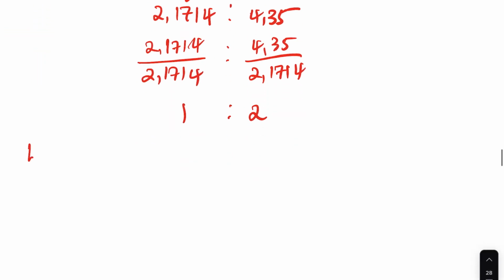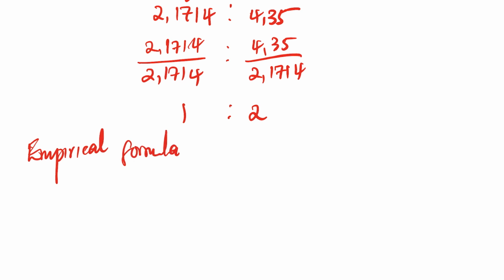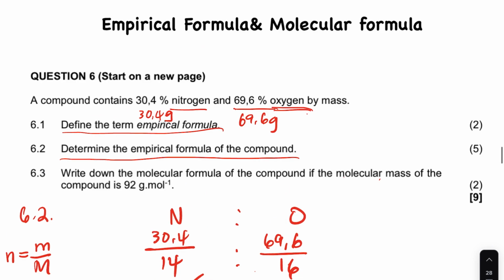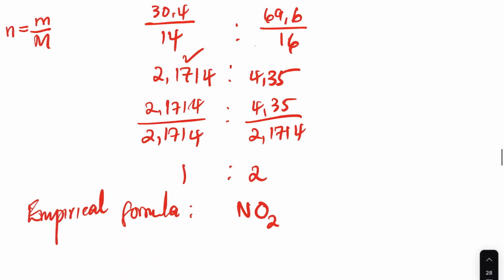So your empirical formula is going to be N and oxygen, and how many oxygen? 2 and 1 nitrogen. You don't have to put the 1 there. Right? It says write down the molecular formula of the compound if the molar mass is 92. Right?